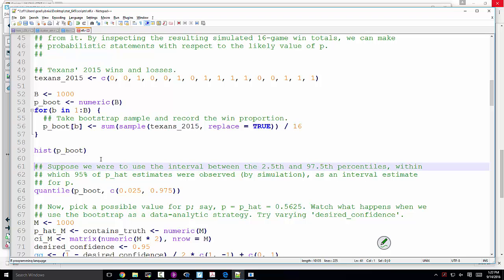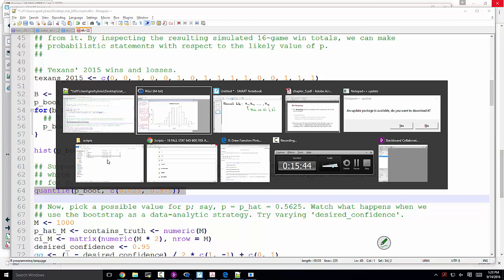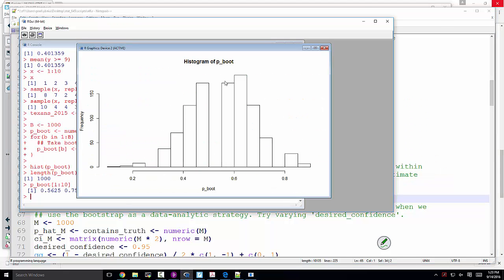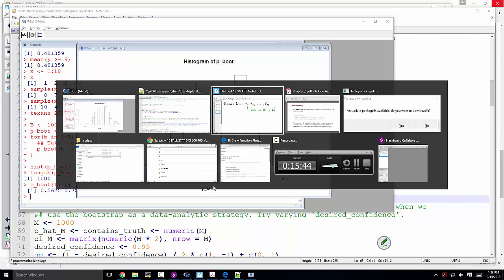And then suppose we did this. We have 1,000 p-hats, which represent to us the sampling distribution of p-hat. The sampling distributions are the key to doing inference. And in particular, if I take, say, the 2.5th and 97.5th percentiles of my Bootstrap sampling distribution. Suppose I come over here. Let me draw it on the whiteboard.